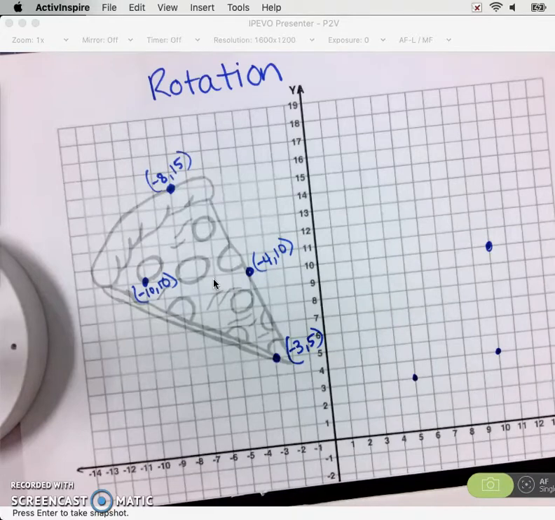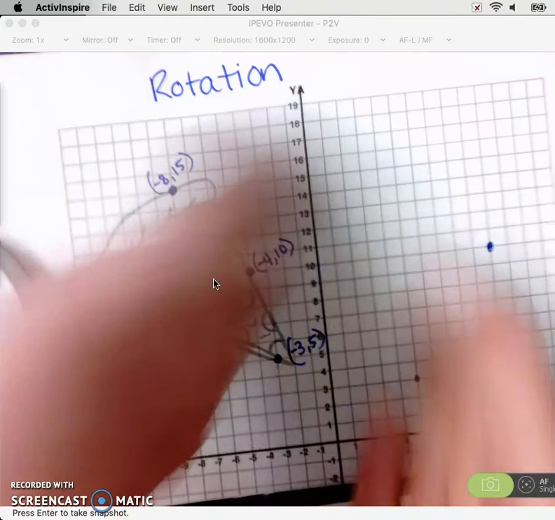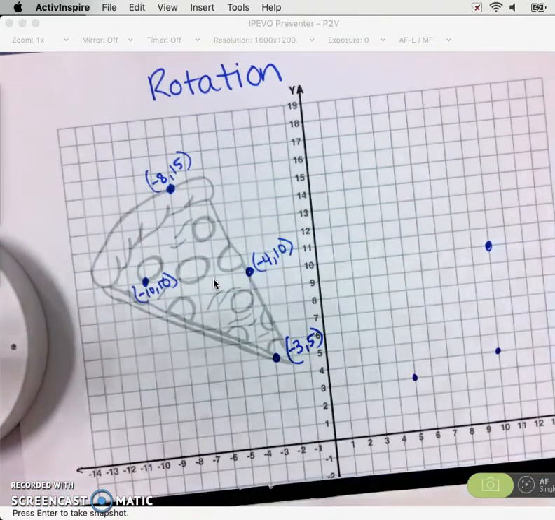So if I had my piece of pizza and I rotated it, it would be like this now. You don't have to worry about drawing the picture right now because we're going to be drawing the picture. We're going to be using outlines of them, so it's a little easier when we draw the picture.